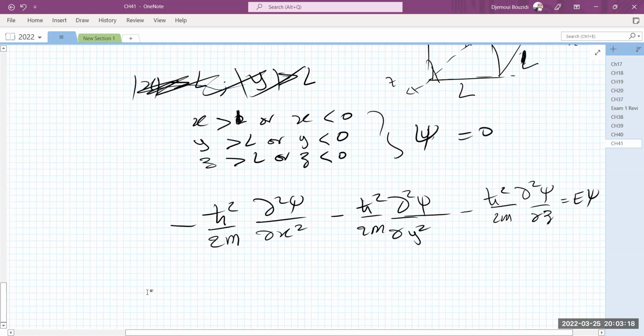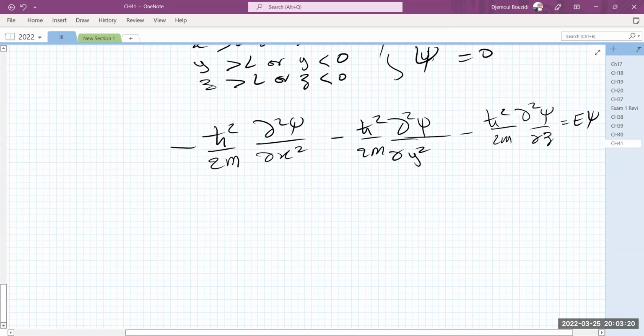Here is what I'm going to do. I'm going to use the method of separation of variables. This is a common method used when you deal with partial differential equations.